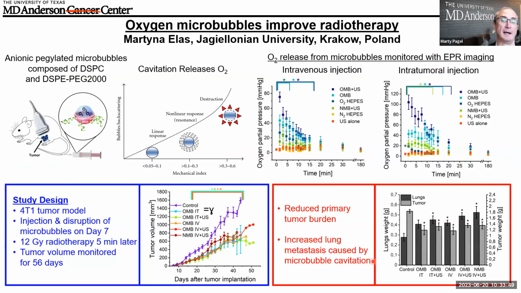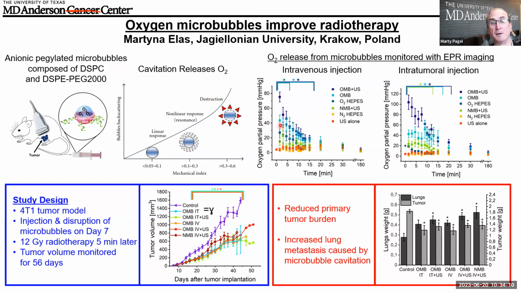Martina Ellis, now in Krakow, Poland, has developed an oxygen-containing pegylated microbubble. This microbubble will then release oxygen through cavitation with ultrasound. And is this actually occurring in the tumor? Well, yes.